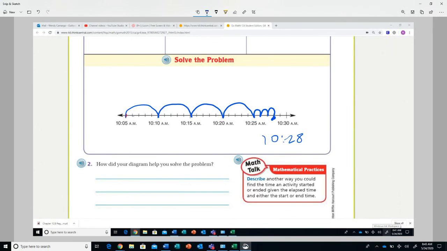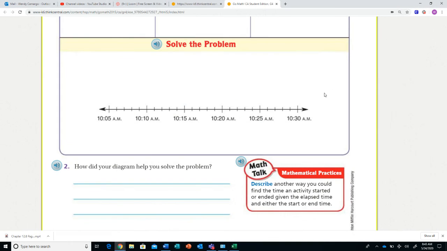The problem with adding and subtracting with time is that we're so used to numbers that you go 1 to 9 until you get a new place value, and borrowing and adding and carryover and all those things that come with regular adding and subtracting. It's a little bit different with time because time uses 60 minutes in an hour and 60 seconds in a minute, and those things can start to give you some problems when it comes to elapsed time. So, like I said, this one wasn't too bad.